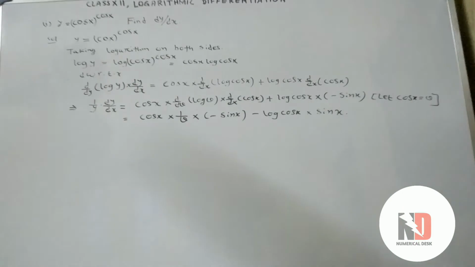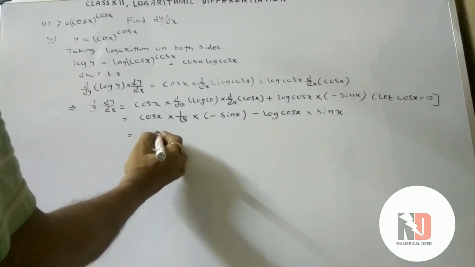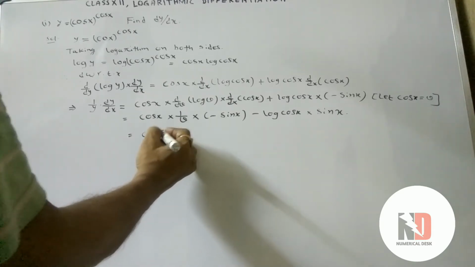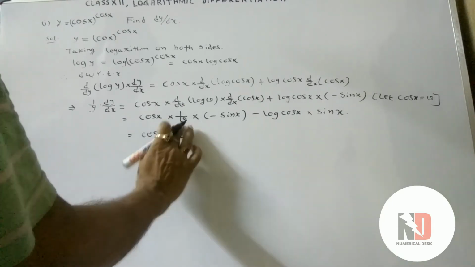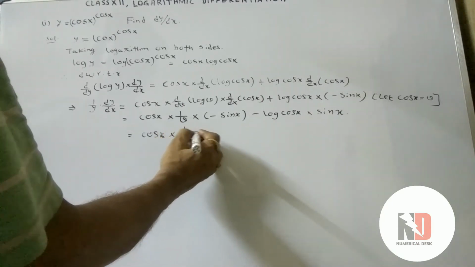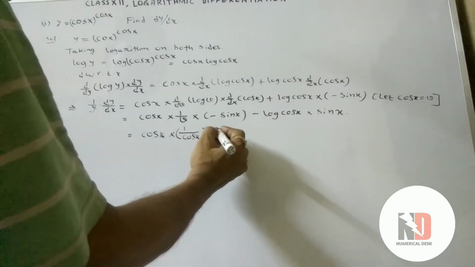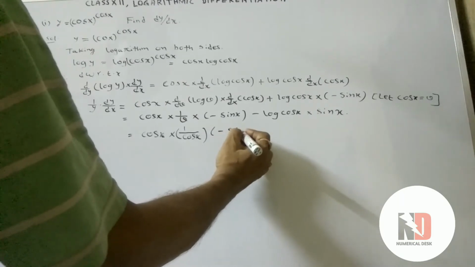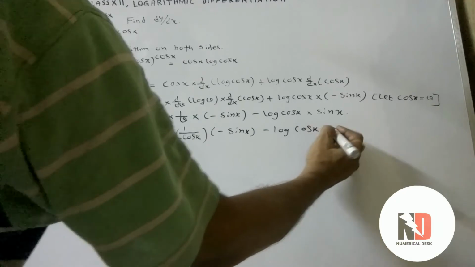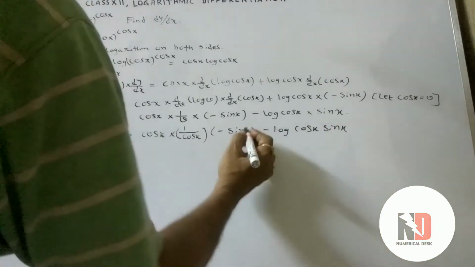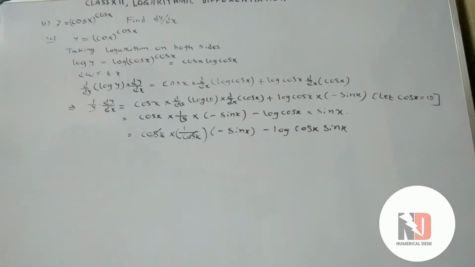So we make the middle sign minus because it is minus with sin. So the sign is changed, plus, so cos x into, putting the value of v, 1 by cos x into minus sin x, minus log cos x into sin x. Cos x cancelled.